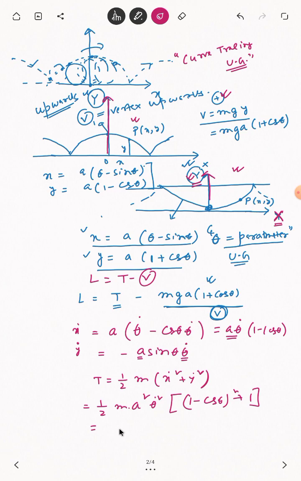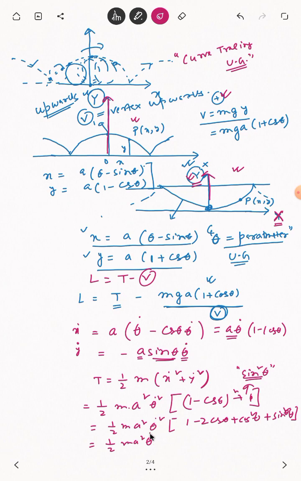So ultimately this will take the form half into m into a square into theta dot square, times 1 minus 2 cos theta plus cos square theta plus sine square theta. Sorry for the mistake in the calculation.